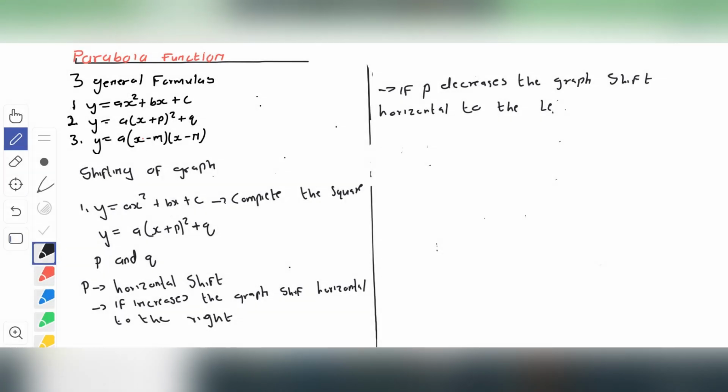So whenever we see the effect of P, it either shifts left or right.